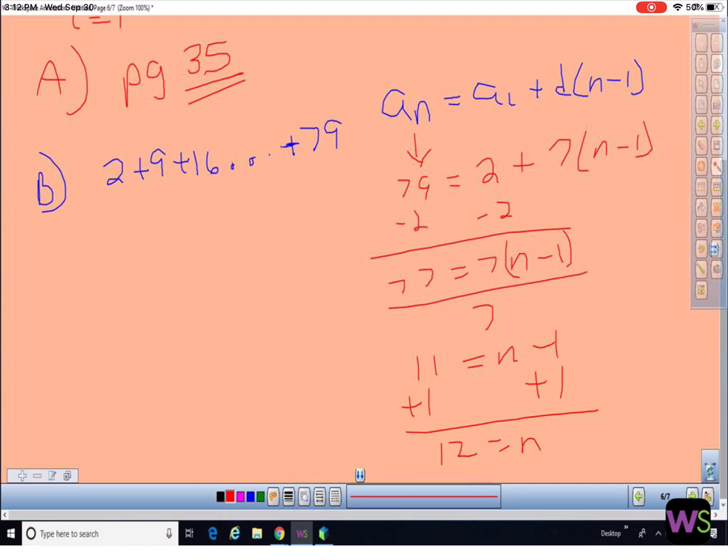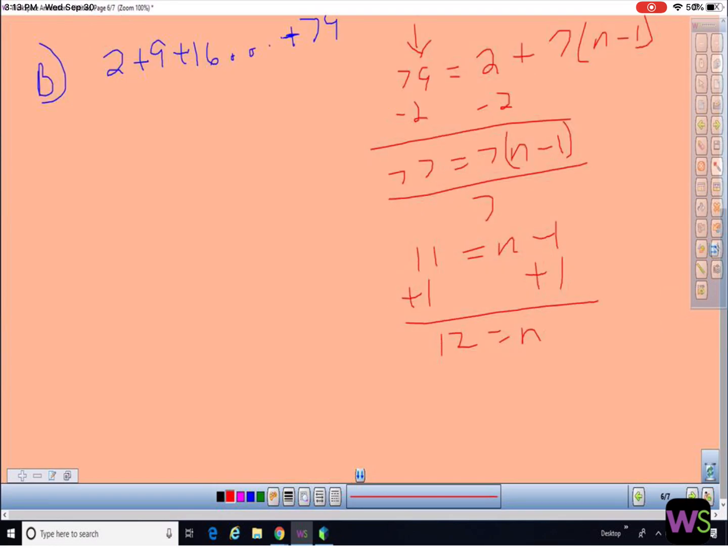So it says the number of numbers, there are 12 terms in the series. So that tells us how many terms there are. And then that's continued out to plugging it in. When you're looking at that, that's going to help you with where you're putting your numbers in your sigma, or your summation.